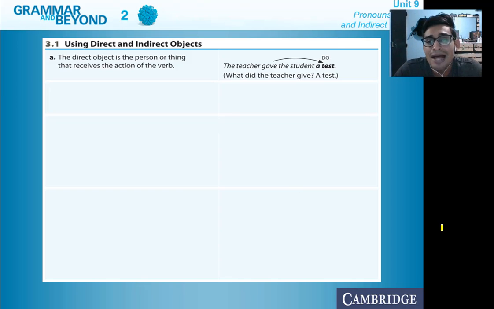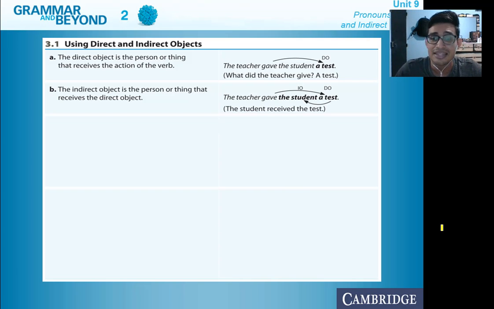Or the teacher gave what? A test. A direct object. The indirect object is the person or thing that receives the direct object. The teacher gave what to whom? The teacher gave a test to whom? To the students. That's the indirect object. The student received the test.